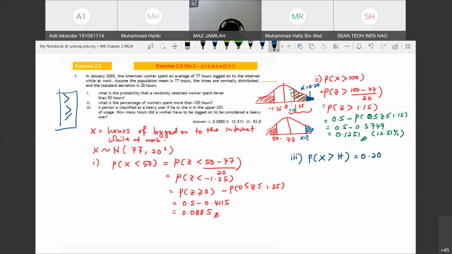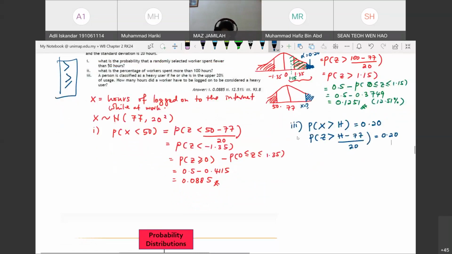Transform into your standard normal: P(Z greater than (H minus 77) divided by 20) is equal to 0.20. We need to find H here.